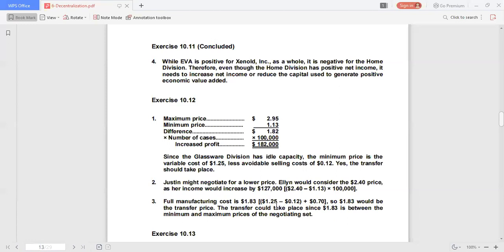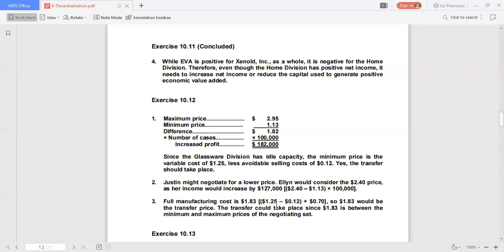The bottled water division announced to buy 100 cases on the outside market. Justin can avoid selling cost of 0.12 per case by selling internally, in that she would split the savings by offering a 0.06 discount.